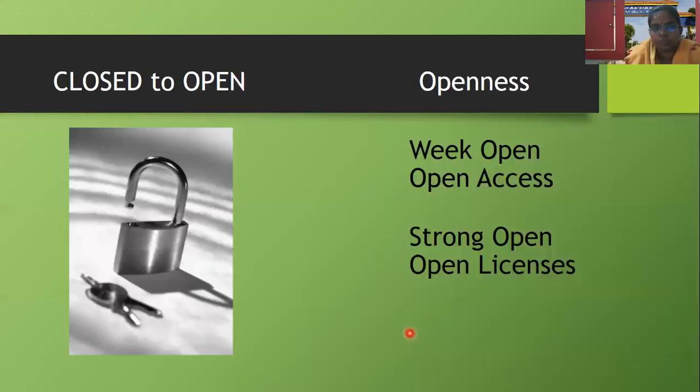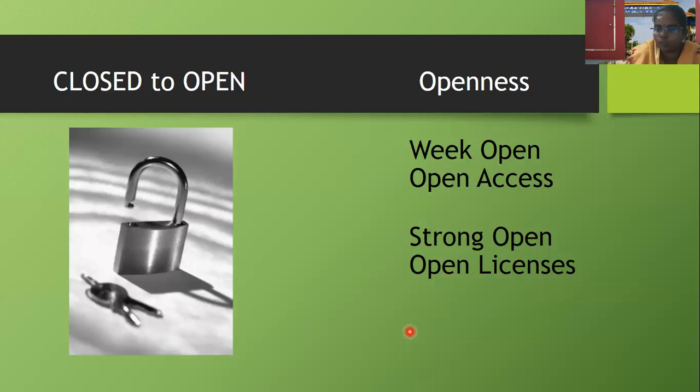Now, there are 2 types of openness, closed to open. If someone enters my home without ringing the calling bell, they are free to enter my room and use my resources, that is open.